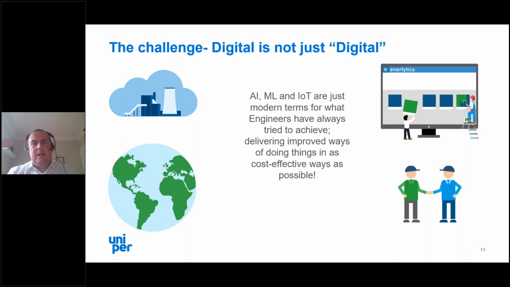But AI, machine learning, IoT, these are modern terms for ultimately what engineers have always tried to do, which is delivering improved ways of doing things in a cost-effective way, or as much of a cost-effective way as possible. These are all tools that help people work more efficiently, make better decisions, and do it quicker.